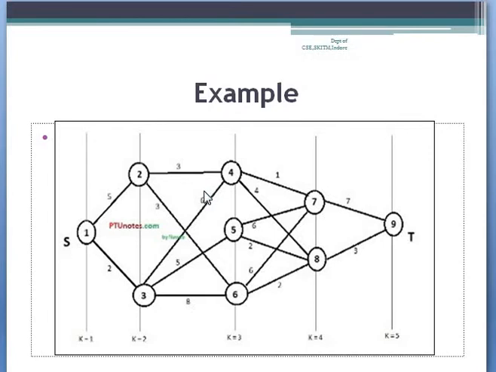We have divided them into stage 1, stage 2, stage 3, and stage 4.